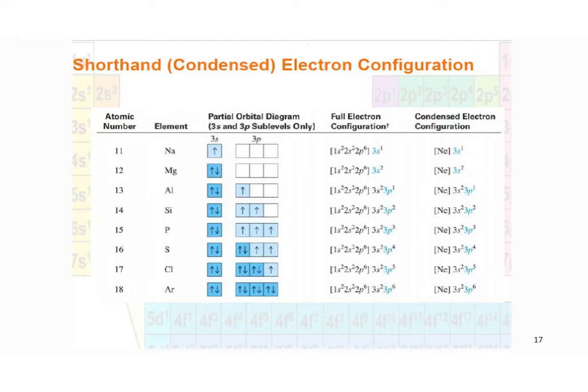So let's look at some of them. We just went over sodium. Okay. So as we move our way through the periodic table and keep adding electrons, you can see what happens. Now, you'll find that after argon, the nearest noble gas won't be neon anymore. So we'll do a couple for practice.